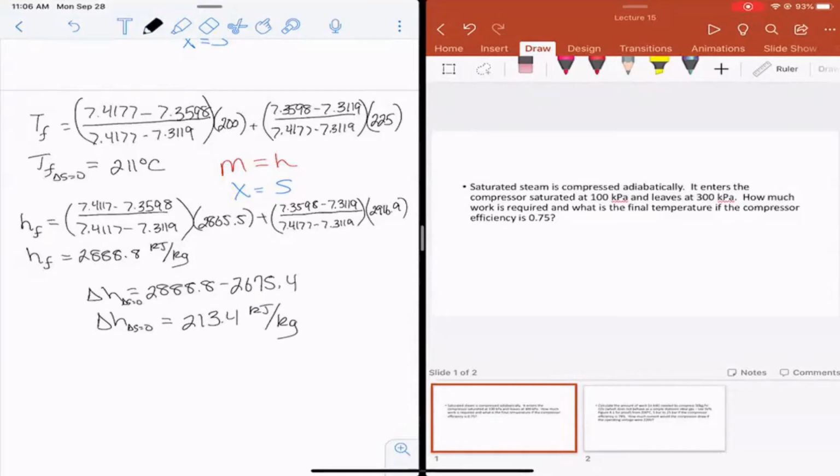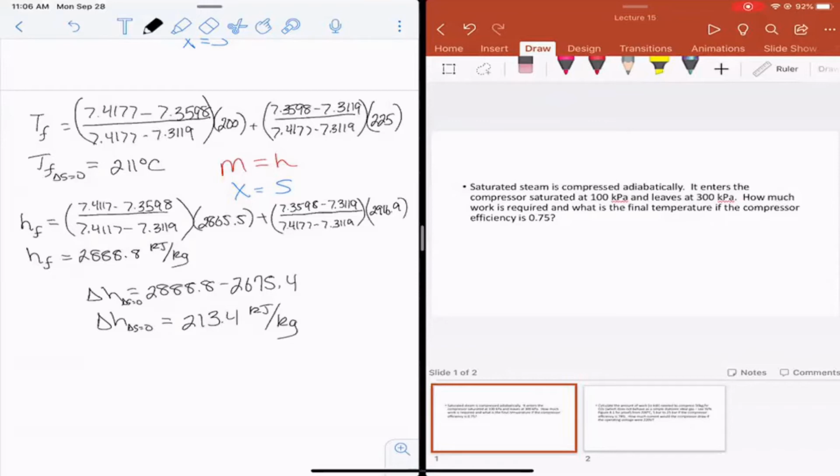And so the very first thing in every problem for a compressor: solve the isentropic case. And that's what we've done. So now we have the final temperature and we have the final enthalpy when delta S is equal to 0. And so we can use this to find the real work that you have to do and to find the real final temperature.